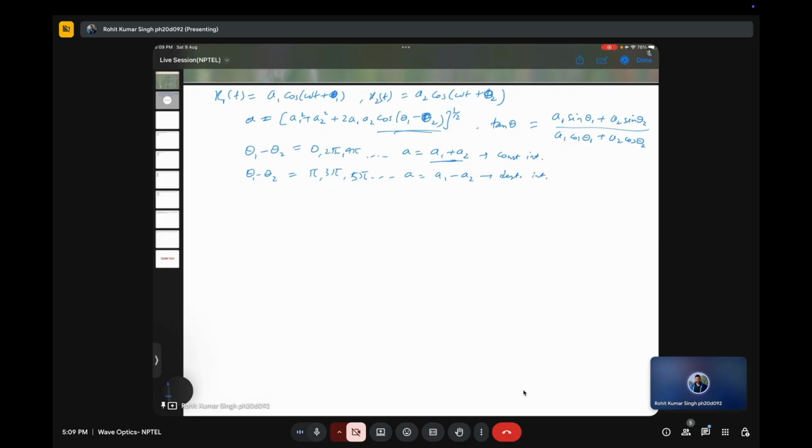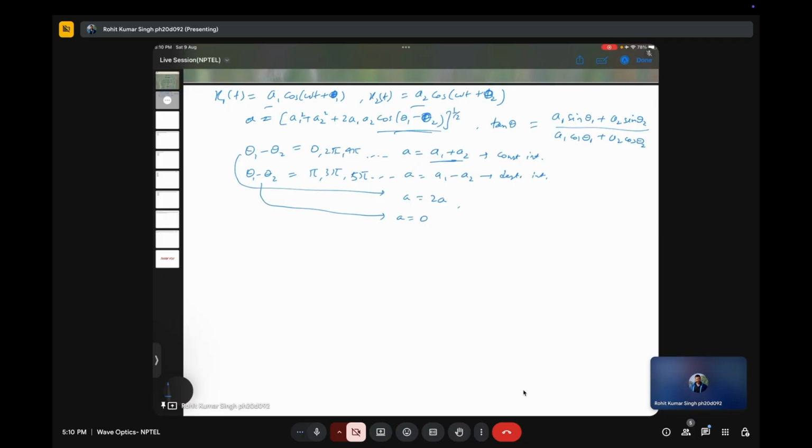One question can come to your mind: if these two amplitudes are equal, then in the first case you will get a equal to 2a, and in the second case you will get a equal to 0.